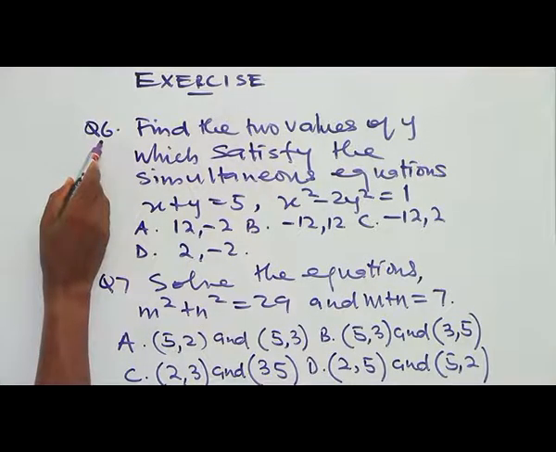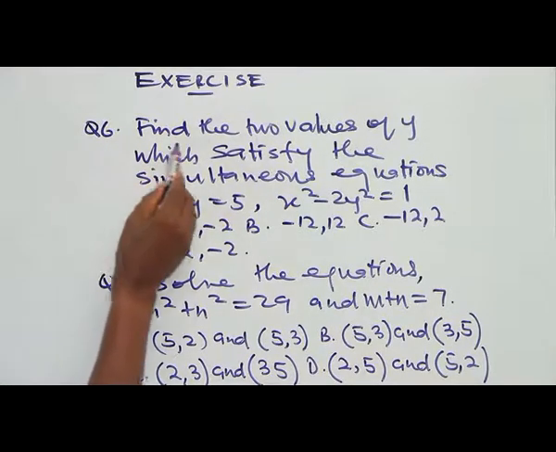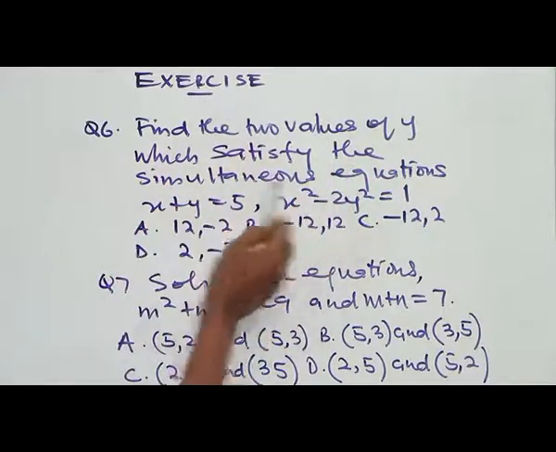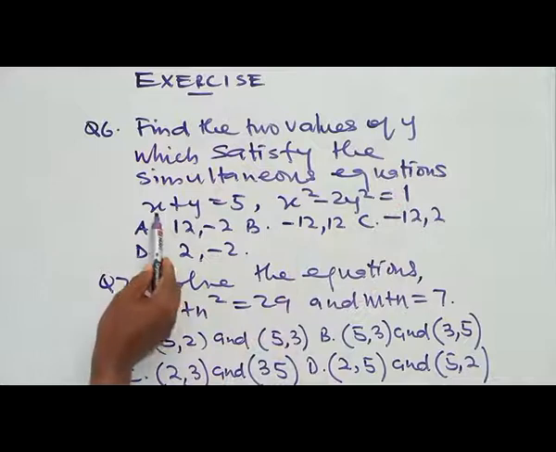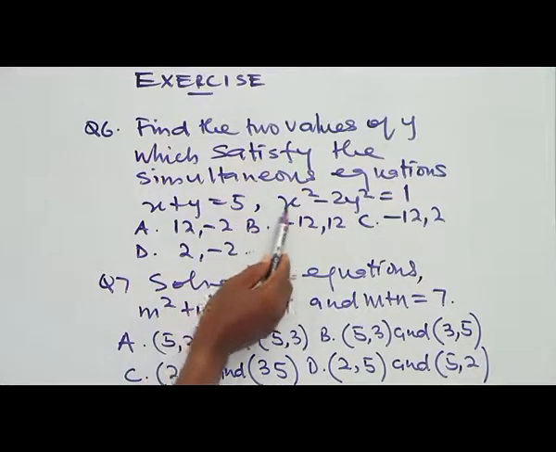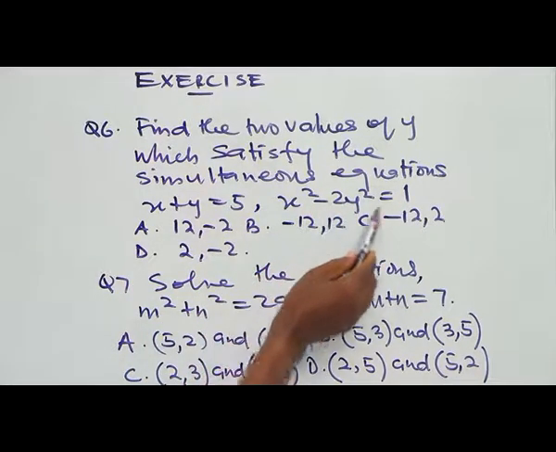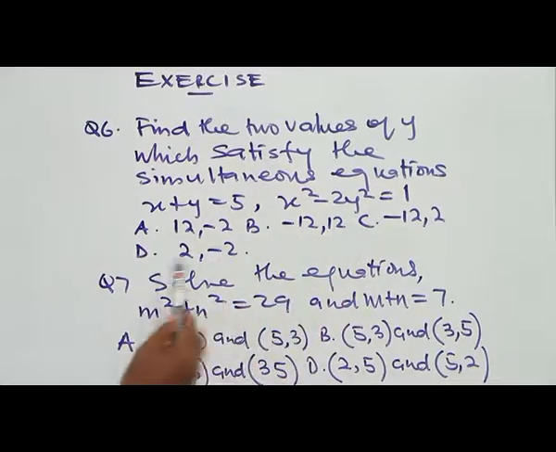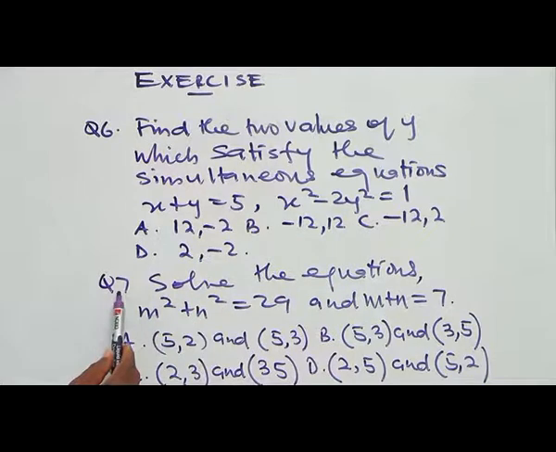Question number 6. Find the two values of y which satisfy the simultaneous equations s plus y equal to 5, s squared minus 2y squared equal to 1. We have options A, B, C, and D. Question 7.